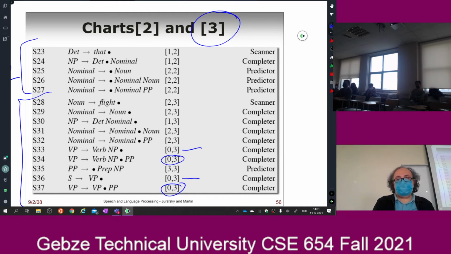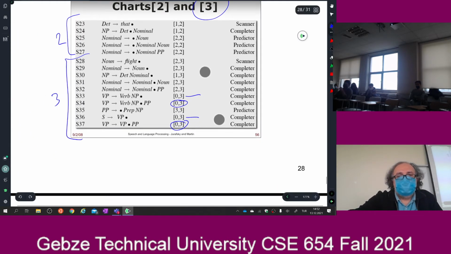So it turns out that this is not any more efficient than the CKY parser, because it is trying to find all kinds of possible sentences or trees that seem to be compatible with the current input, but most of them will not complete, will stay in half, right? Okay, so this is called Earley parser.